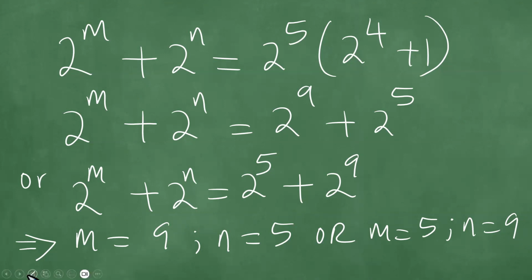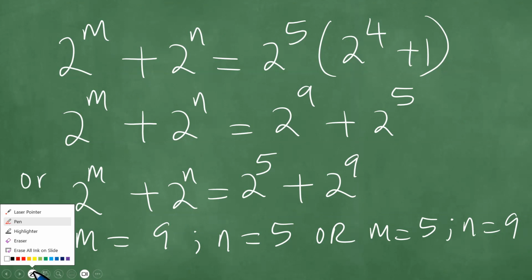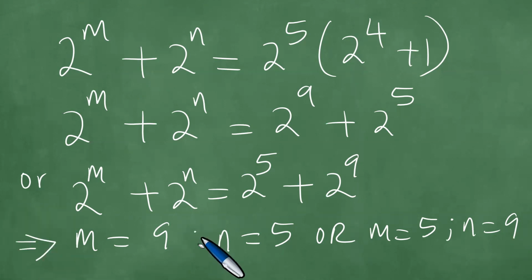So, in essence, these become true simultaneously. We can write this way: in the first case, m is 9 and at the same time n is 5, or m is 5 and n is 9.